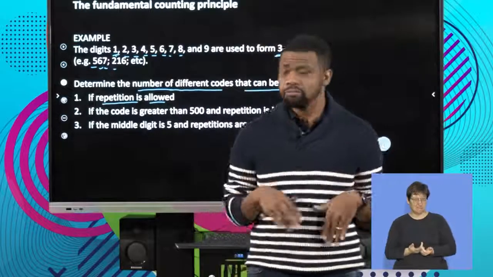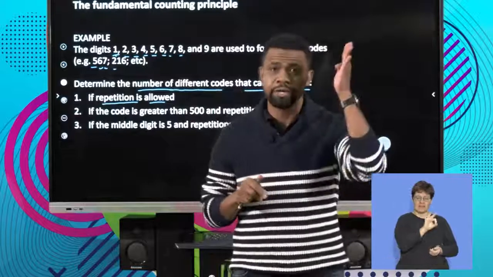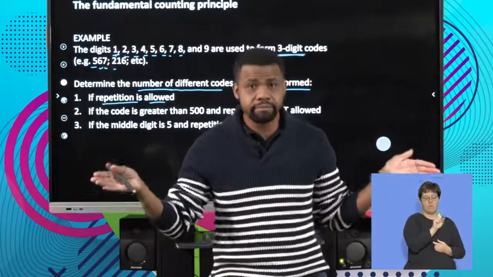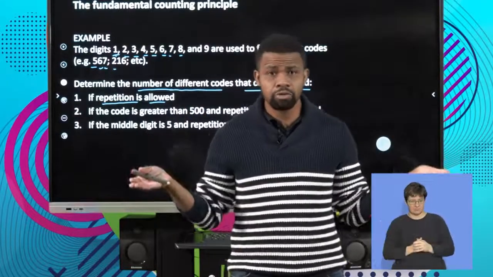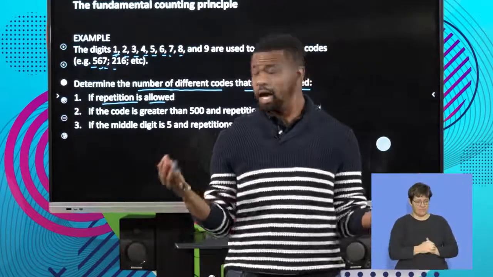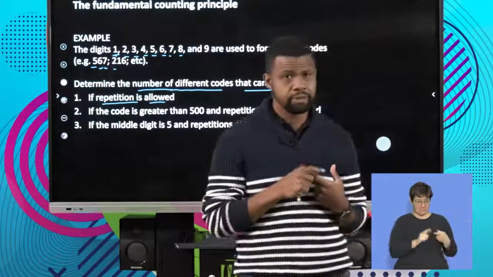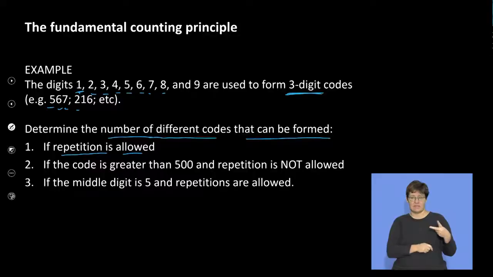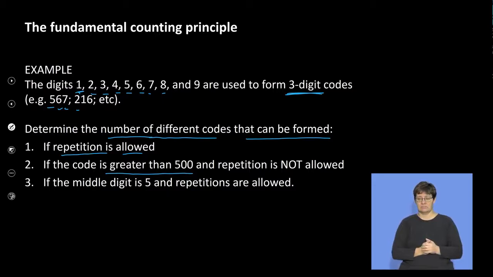So it implies, because we have a 3-digit code and we can use 1 all the way to 9, we are allowed to use 111. Okay. How many PINs are there? That's the first question. The second question is, if a code is greater than 500 and repetition is not allowed, okay? So we have to form a code greater than 500 where repetition is not allowed.